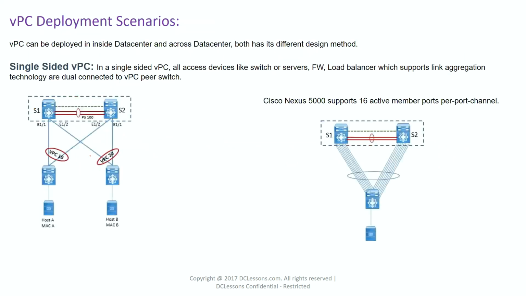Okay, now here we will see what the VPC deployment scenarios are. There are two types of VPC deployment scenarios. One is a single-sided VPC, right? In a single-sided VPC, you have a VPC domain, and at the access layer you have your access switch.